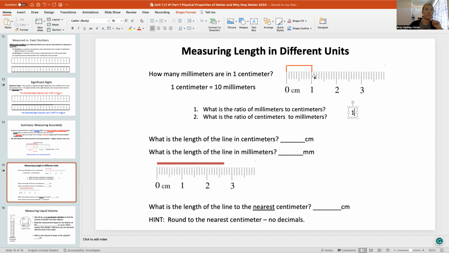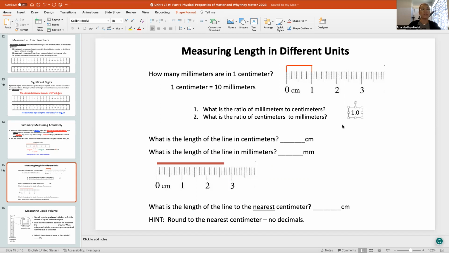Oh, I love this example because there's whole number digits here, and then there's also 10th digits available. So look at the line right before it. The line right before it was 0.9. And so this line isn't just 1, it represents 1.0. That's what we're certain of because that ruler measures to a 10th.